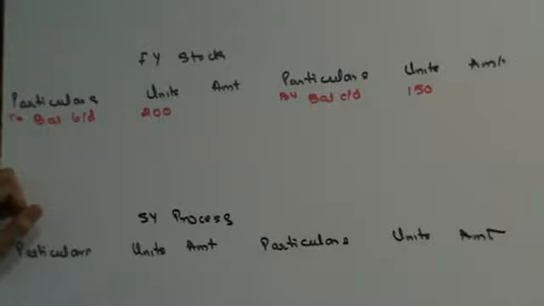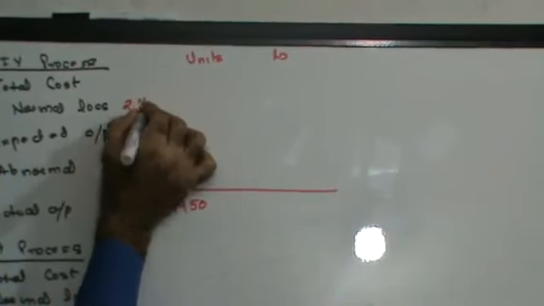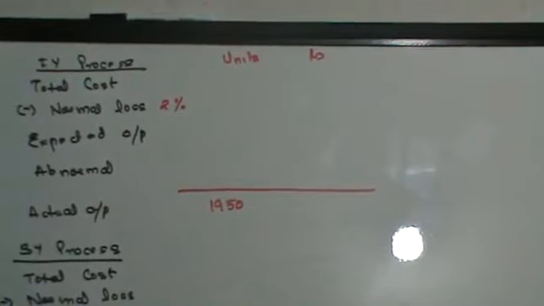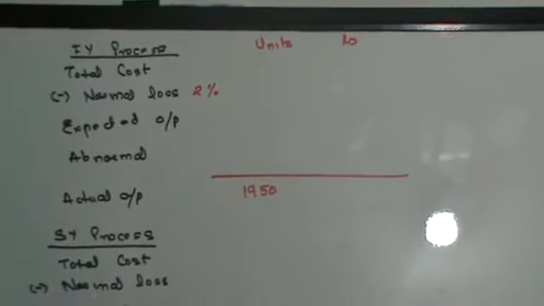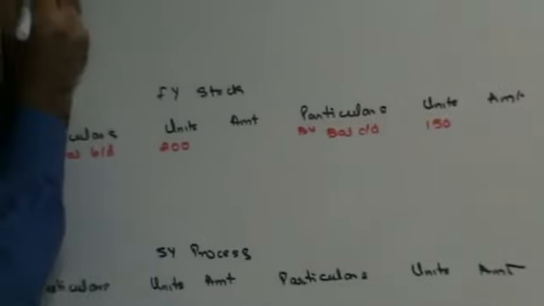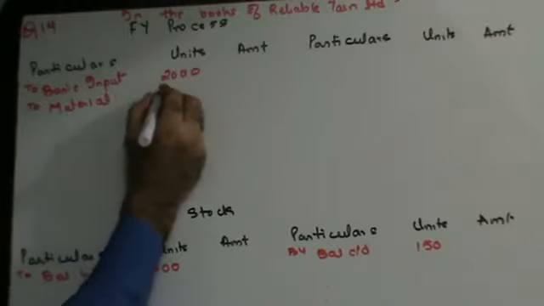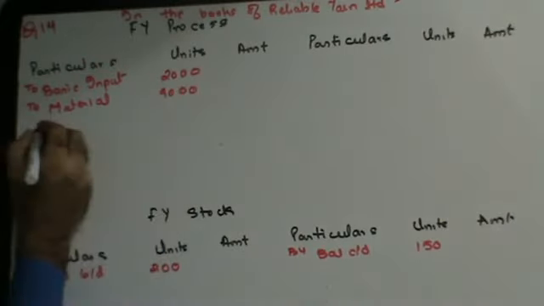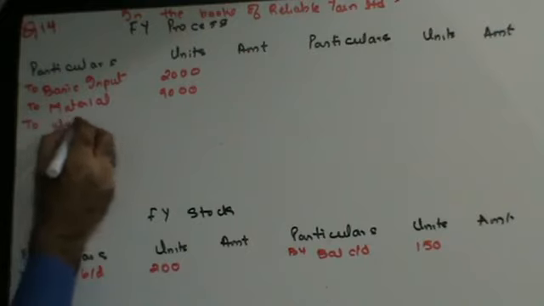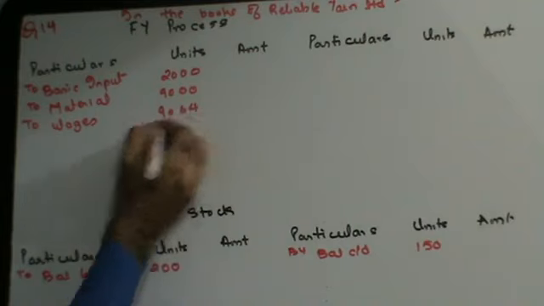Percentage of normal loss to input is 2%. Guys, normal loss in the working note is given to you as 2%. Now the other information given to you is: to process material is 9,000, to wages is 9064.